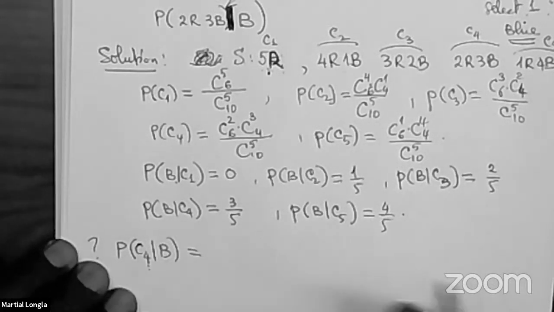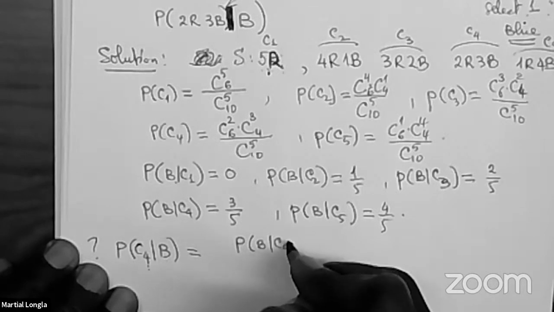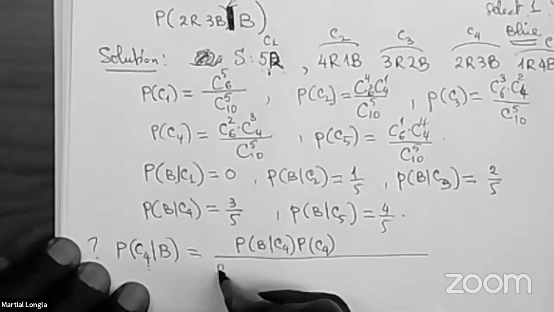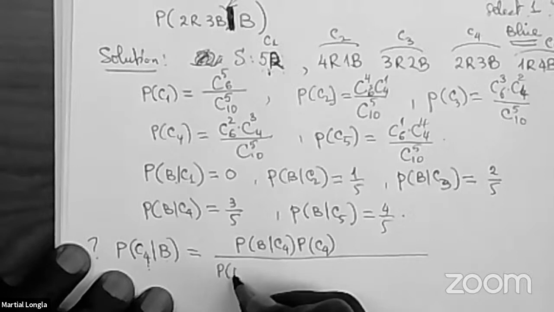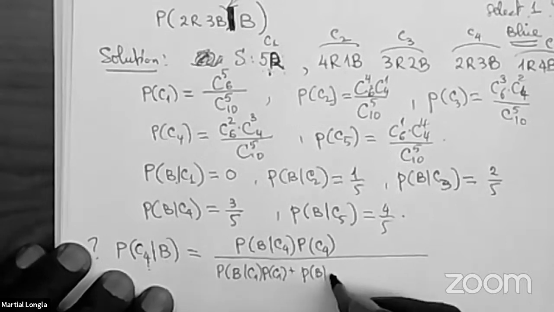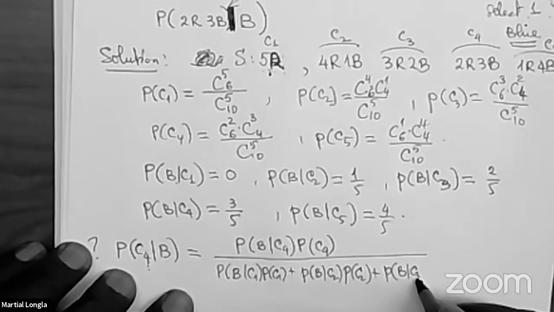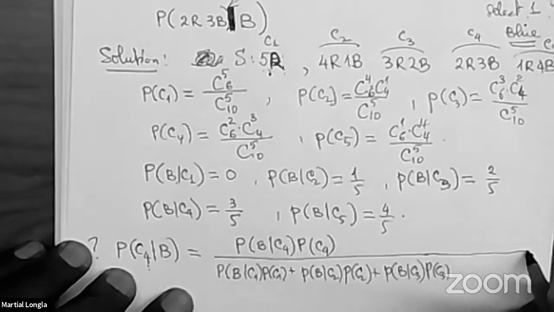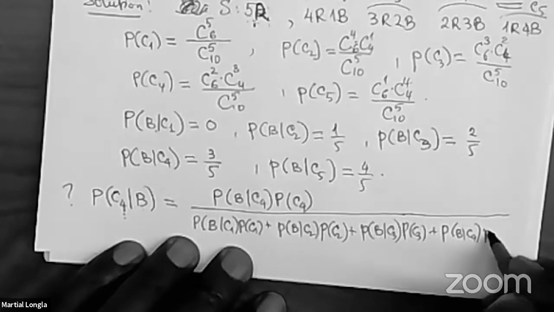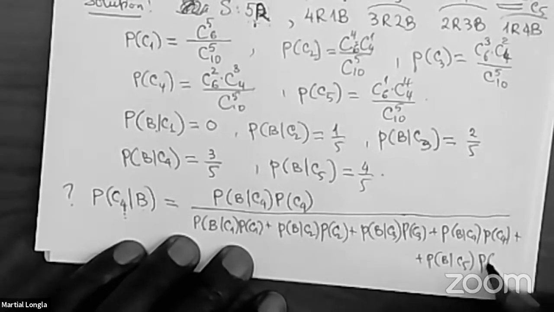And by the Bayes rule, that is equal to P of blue given C4 times probability of C4 divided by the sum of probability of B given C1, P of C1, plus probability of B given C2 times P of C2, plus probability of B given C3 times P of C3, all the way to probability of B given C4, P of C4, and probability of B given C5 times P of C5.